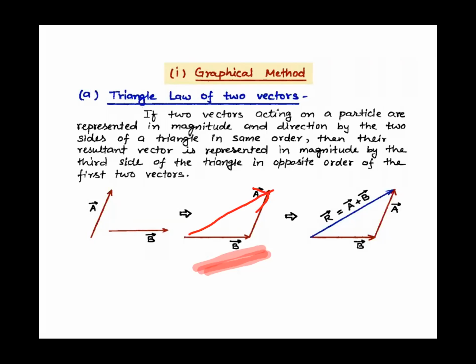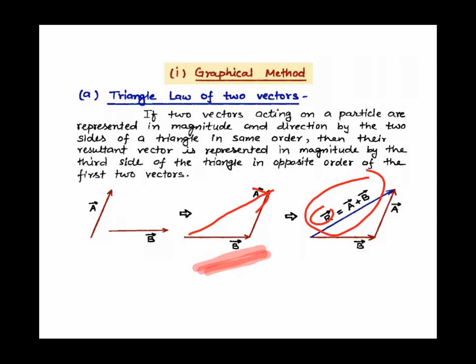This forms the third side of the triangle, which gives us the resultant of vector A and B. This third side is your vector R, that is the resultant vector. For resultant, we have used the symbol R. It is a vector, so we put an arrow over R: vector R equals vector A plus vector B. So this is your triangle law of two vectors, right?